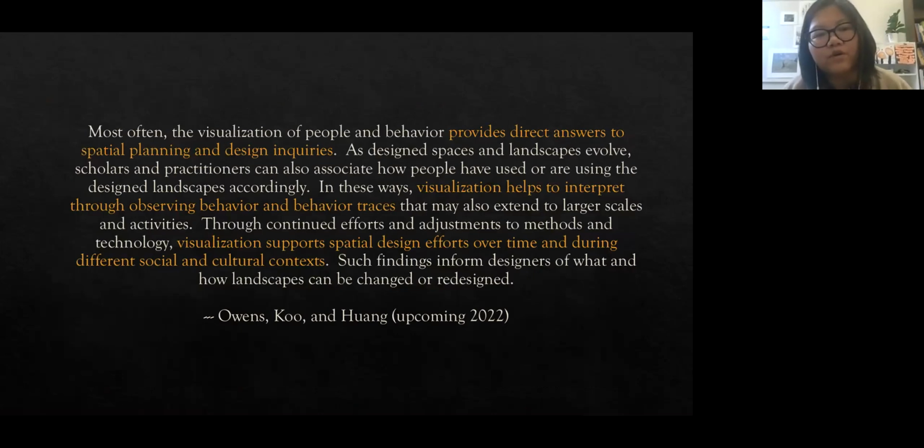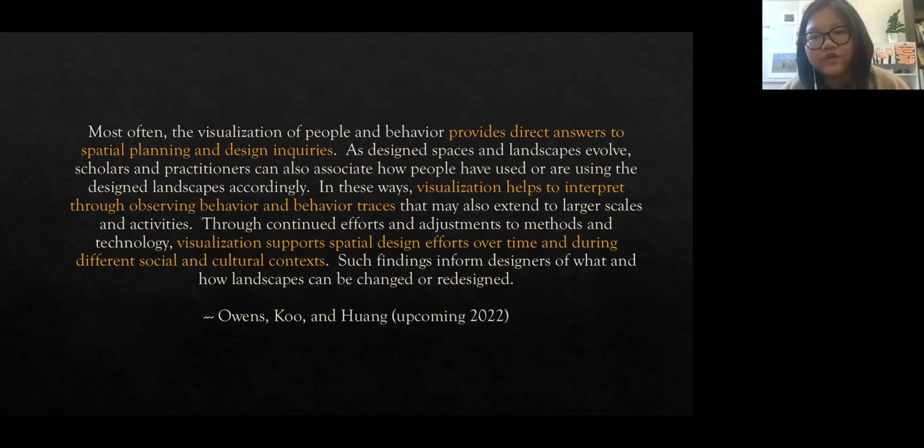In our book, we think that visualizing people and behavior provides direct answers to spatial planning and design inquiries. As design spaces and people evolve, scholars and practitioners can also associate how people have used or are using designed landscapes accordingly.